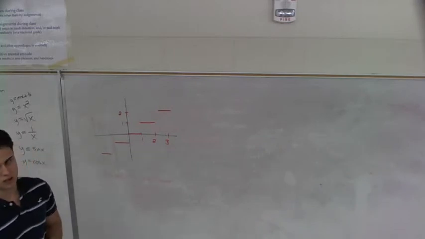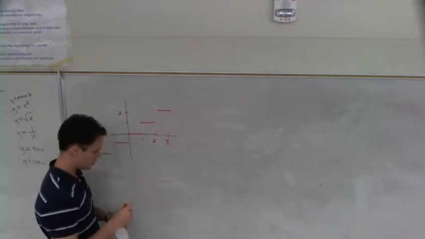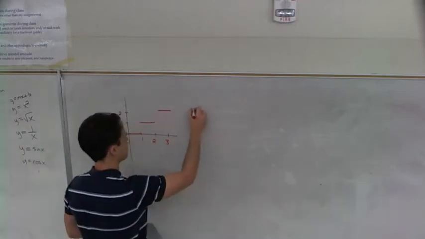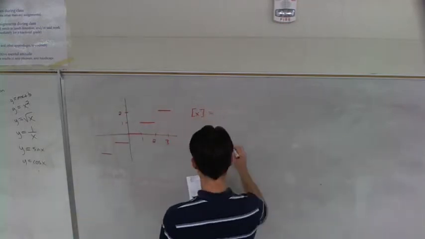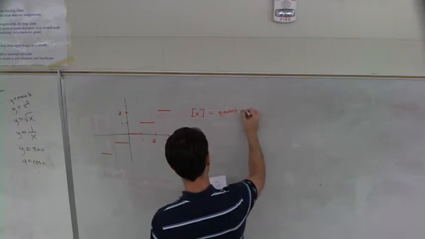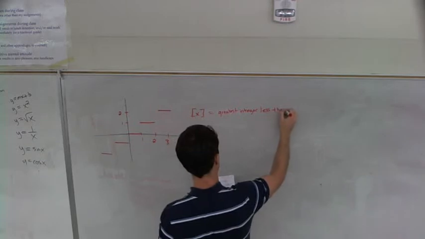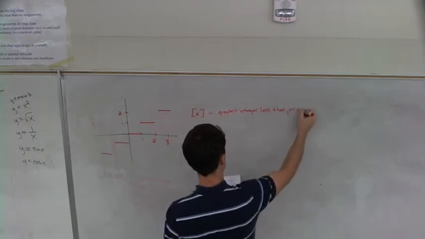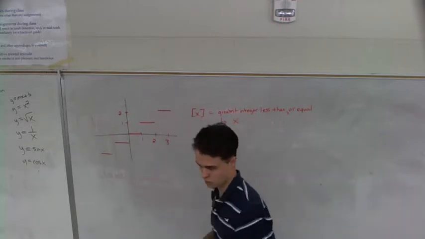So how do you get this kind of a function? This is something that's used in computer science a lot. So here's the definition. When I say greatest integer of x, that means the greatest integer less than or equal to x.